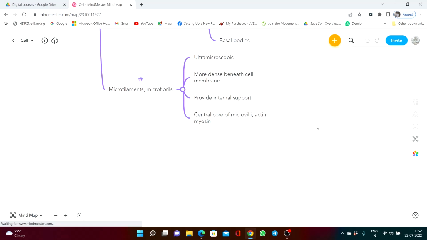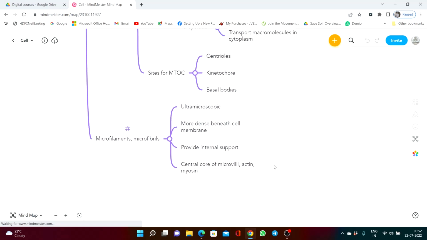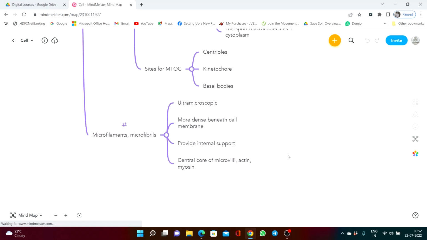Now coming to the next task, which is to go through the diagrams and practice them. After that, you have to take the test.